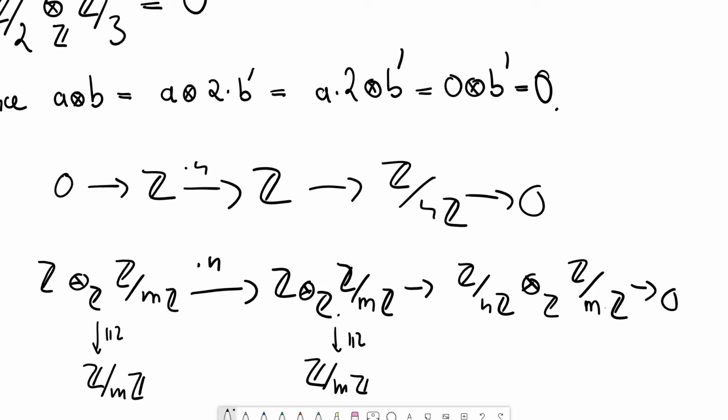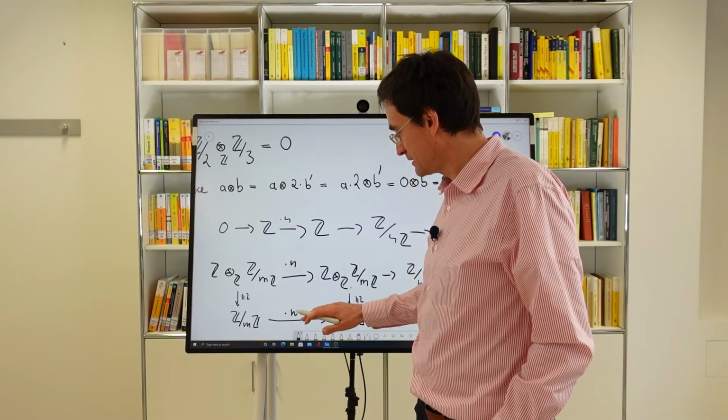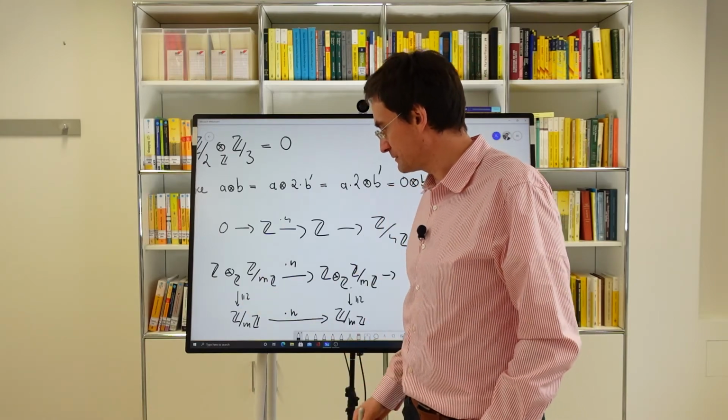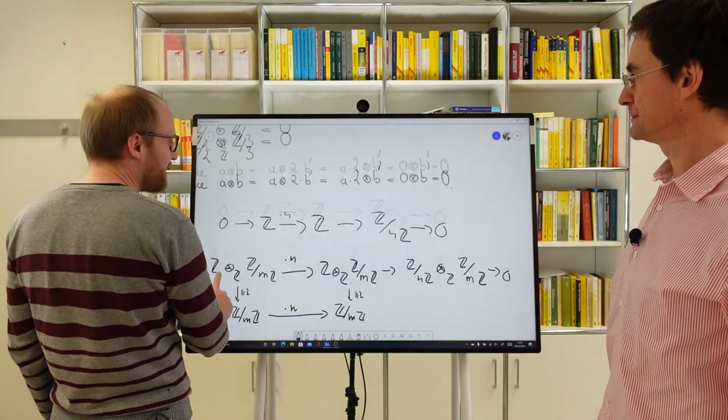And under this isomorphism from the properties, which is even multiplication if you want, this is still multiplication with n. So we have to compute something very concrete now, the cokernel of the multiplication with n on this finite module Z mod nZ. Yeah, and the assertion of the proposition, of course, already tells you what the answer is.